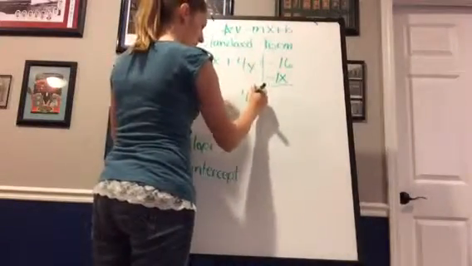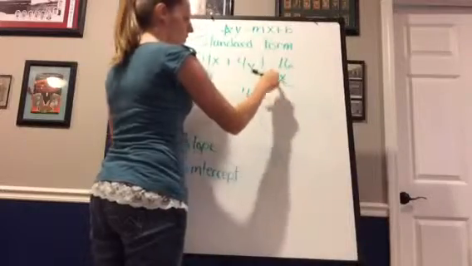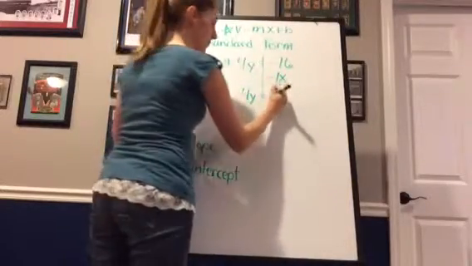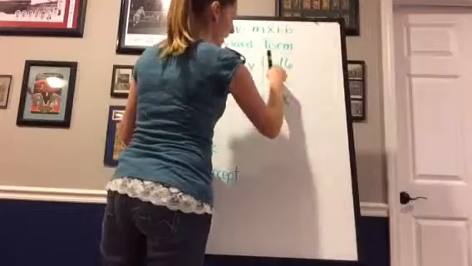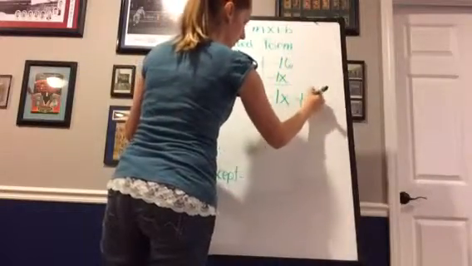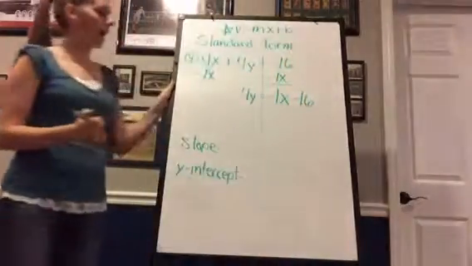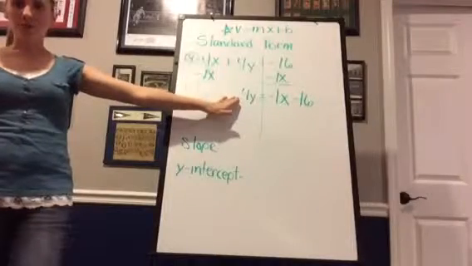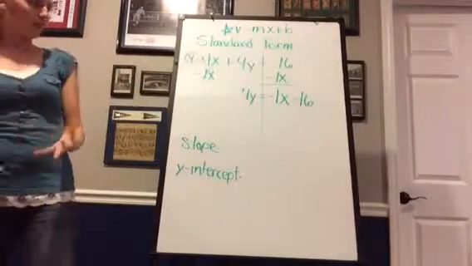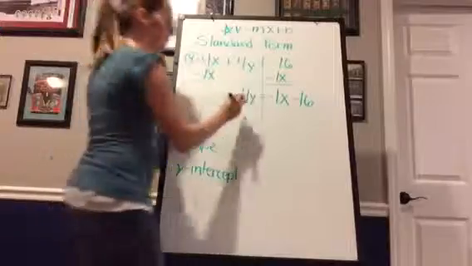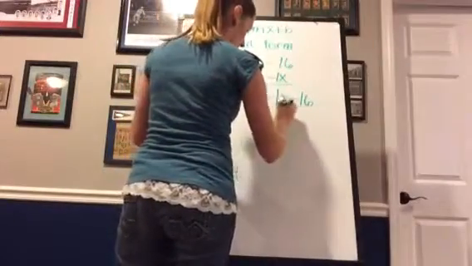My 4y just comes down. Always, always, always put that x term first, so negative 1x, and then the minus 16 will come at the end, okay? After that, I just need to cancel out the 4. To cancel out the 4 in front of the y, all I do is divide. So I divide everything by 4.